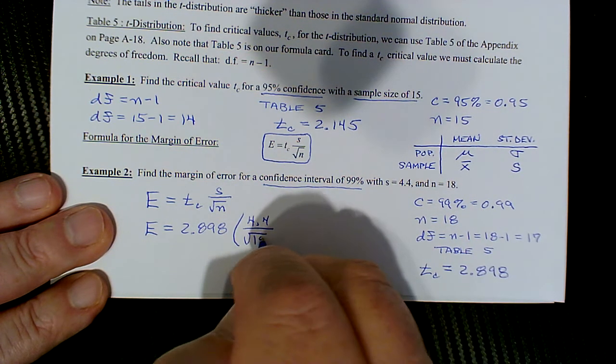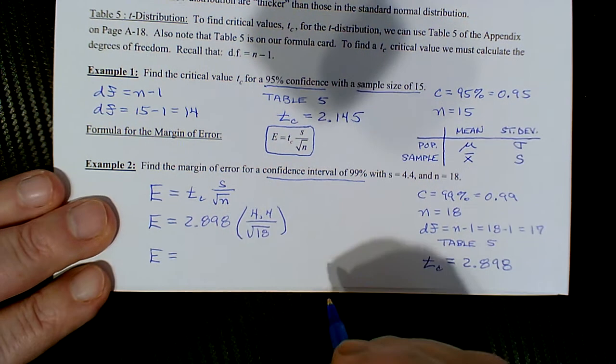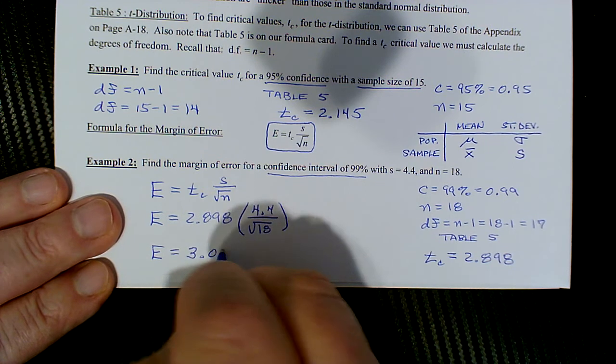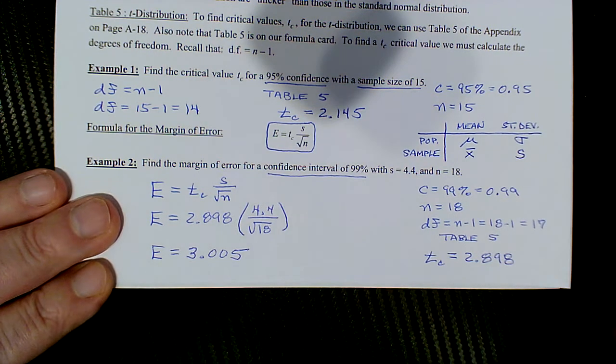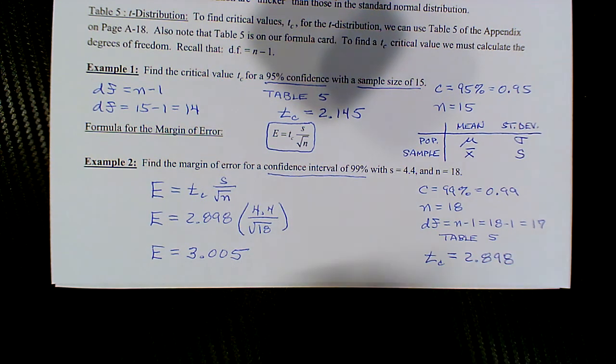So 18 is N. And then you can check my computations. This is the same calculation that we did for Z in terms of the keystrokes. And we get 3.005.